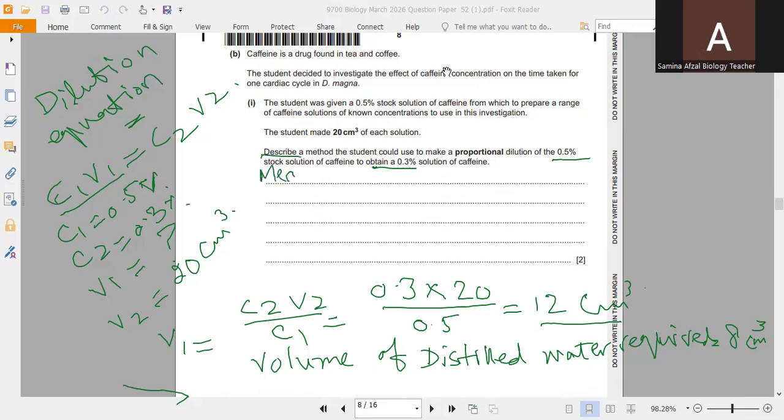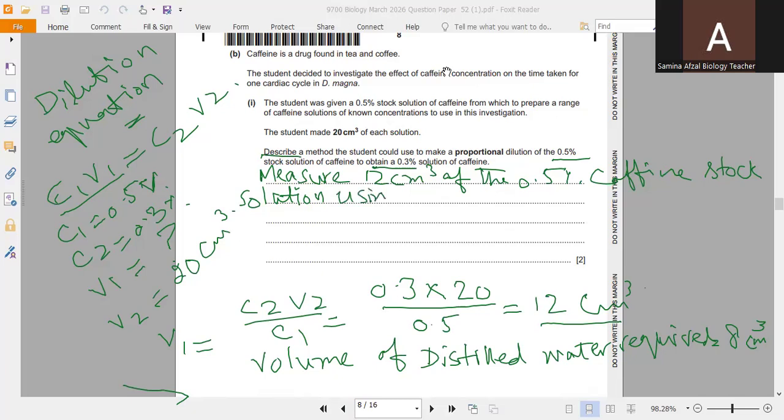Measure 12 cubic centimeter of the 0.5% caffeine stock solution using a measuring cylinder or pipette.